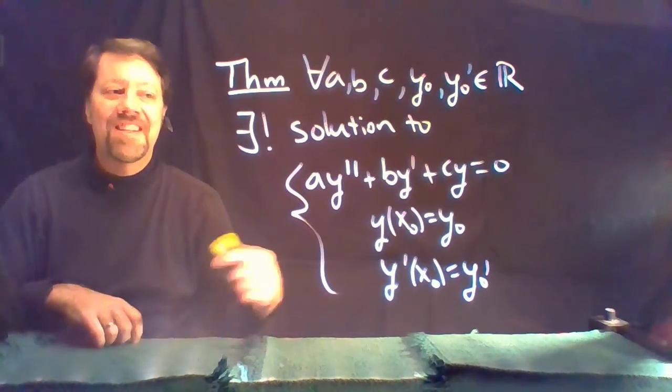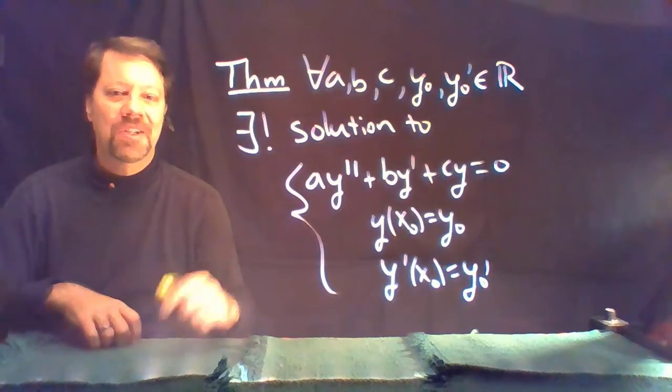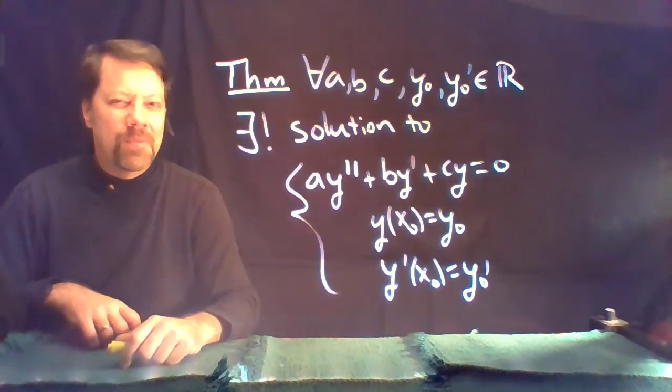The proof of existence will be by explicit construction. The uniqueness part will be proved later.